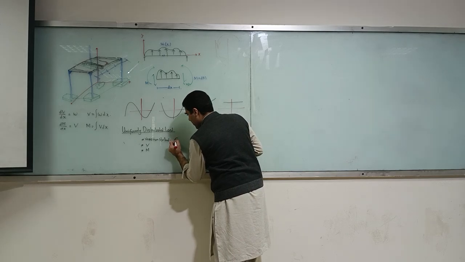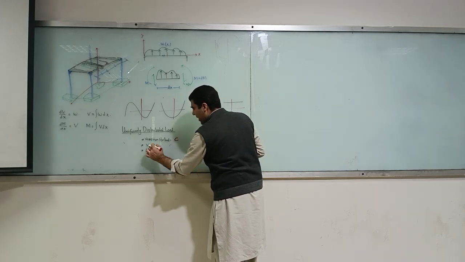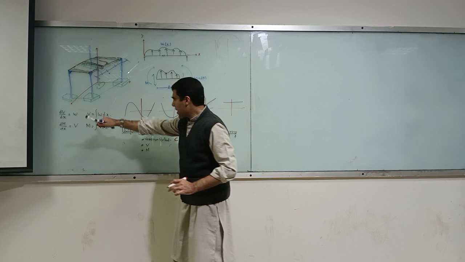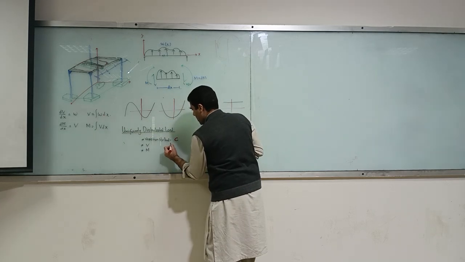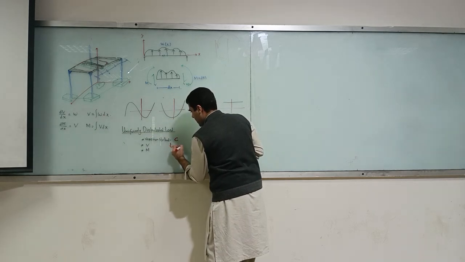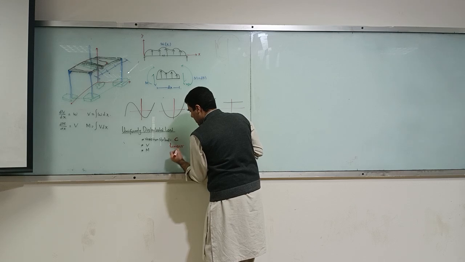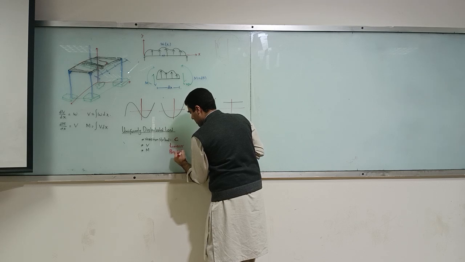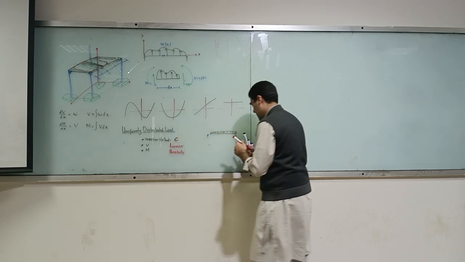So the variation is constant, which means to say that your shear is linear and your moment is parabolic.